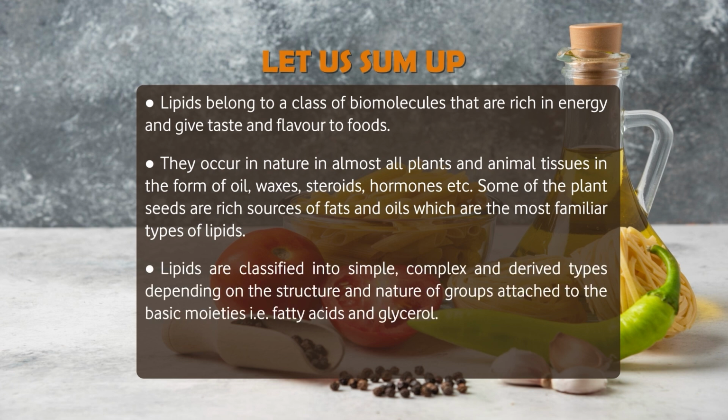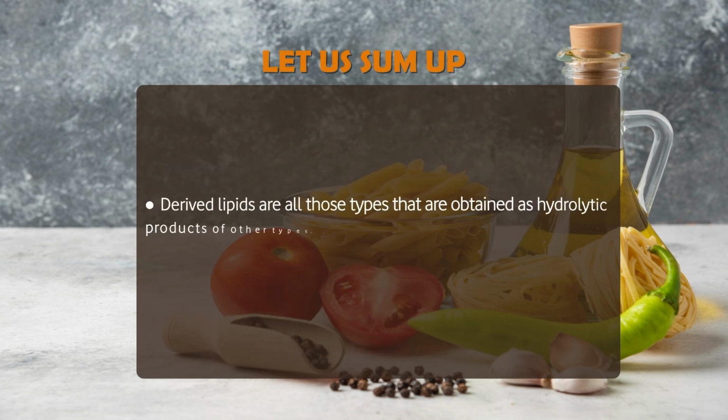Lipids are classified into simple, complex and derived types depending on the structure and nature of group attached to the basic moiety. Fats, oils and waxes are the common types of simple lipids. Derived lipids are all those types that are obtained as hydrolytic products of other types.